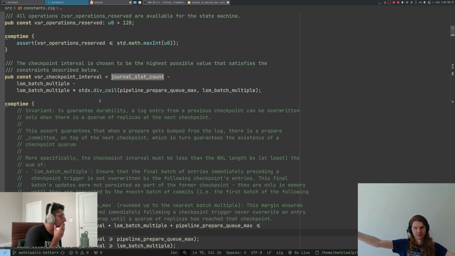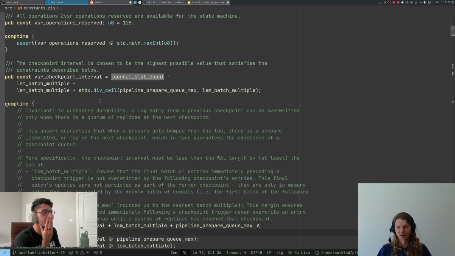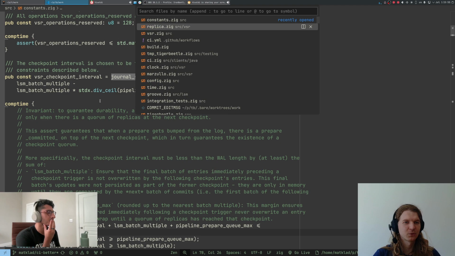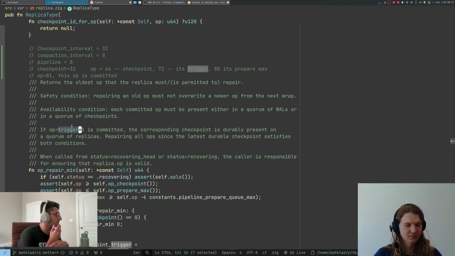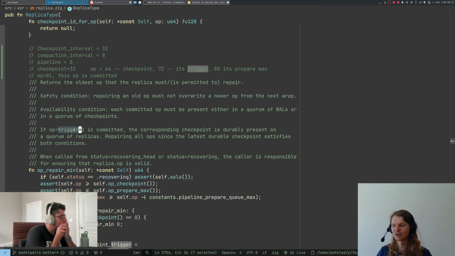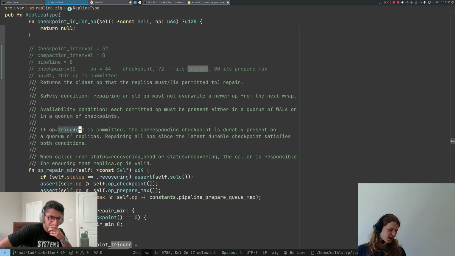We are saying checkpoint is the largest checkpoint which can make this equation work, and this creates a problem, because if we say that this is op prepare max plus 1, then we are actually running out of space in our write-ahead log. Well, maybe I'm wrong here.